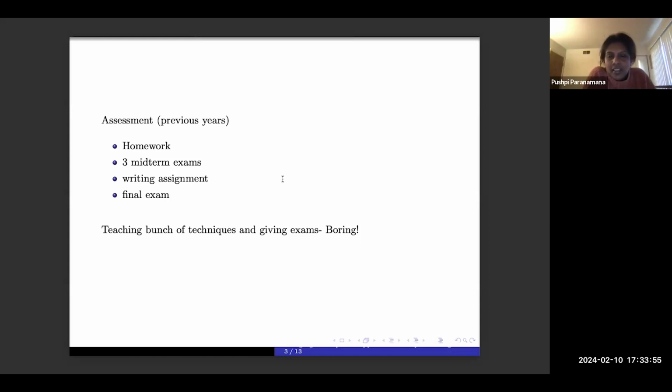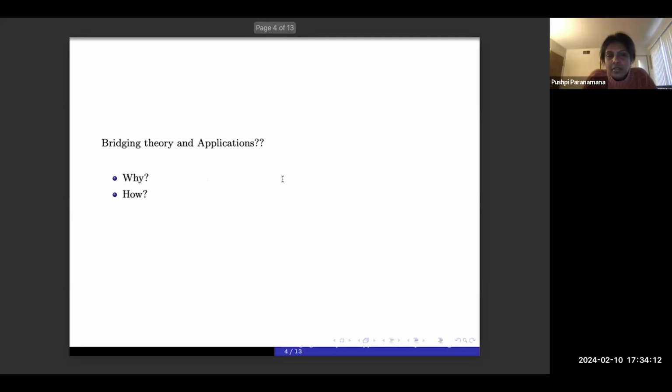So I was thinking I need to change this the next time I'm teaching, because differential equations always have more life in them and are not just formulas and dry calculations. So that's basically why I did what I did.